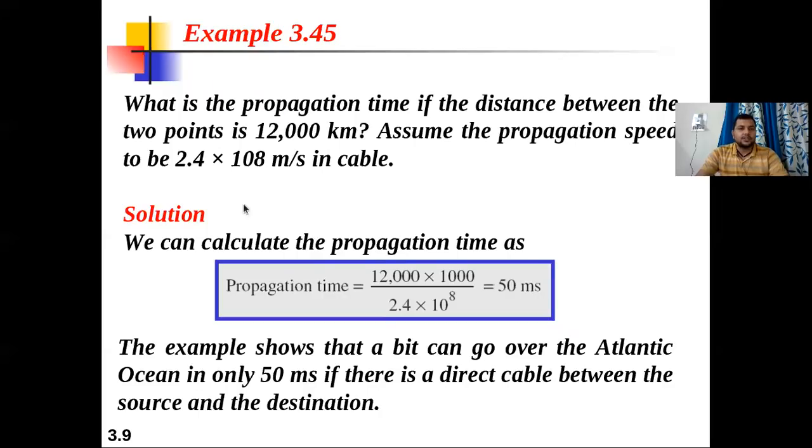And the propagation speed is 2.4 into 10 raised to the power 8 meters per second in cable. How can we calculate? Simple enough, 12,000 kilometer distance upon speed, that is 50 milliseconds.